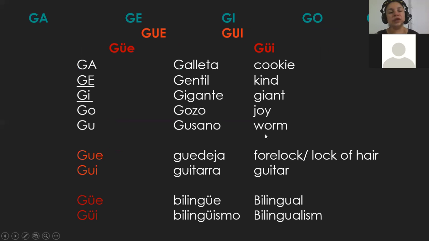So here we have some cases. I underline the GE and the GI because here the pronunciation changes. And here we have some examples. Galleta. Galleta in English is cookie. Gentil.